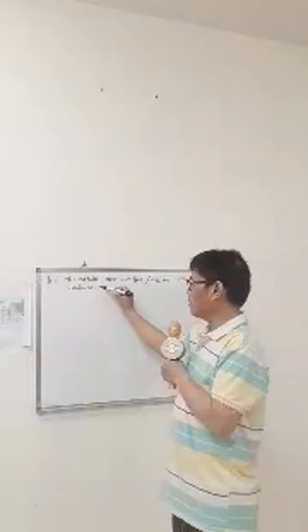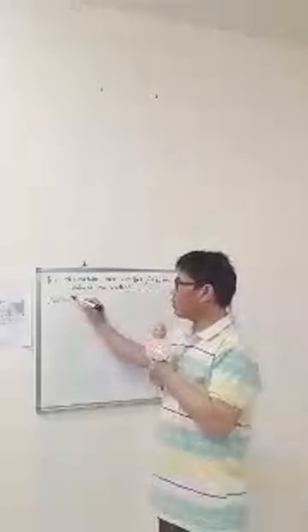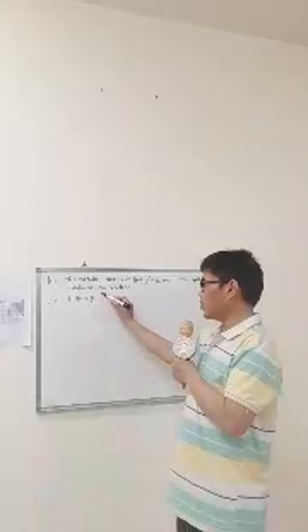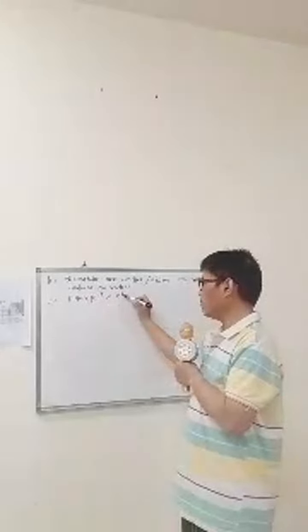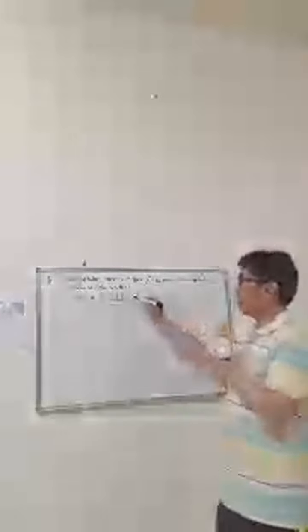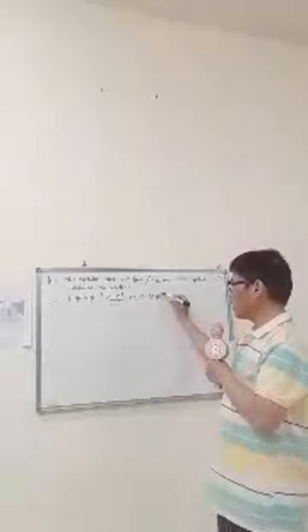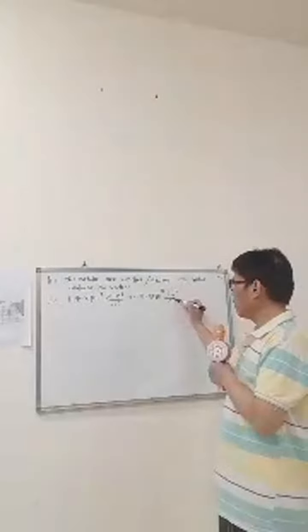It refers to the same constant, and the value for this, some books say, is 8.99 times 10 to the 9 Newton meter squared per Coulomb squared, where Coulomb squared is capital C. It's equivalent to 9 times 10 to the 9 with the same unit, because it depends on the books or the reference you are using.